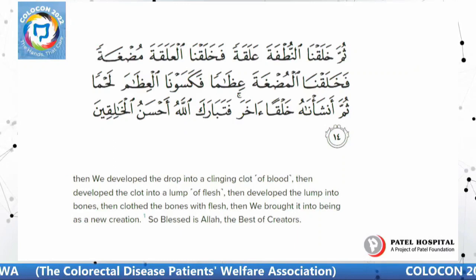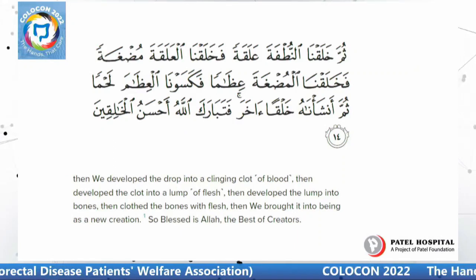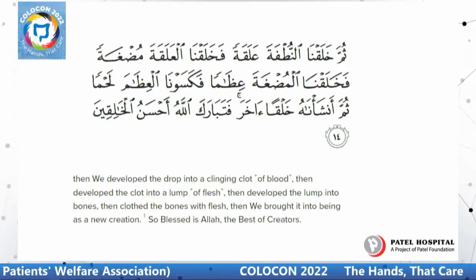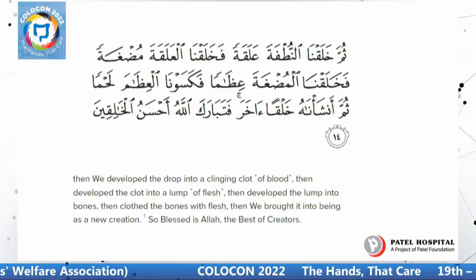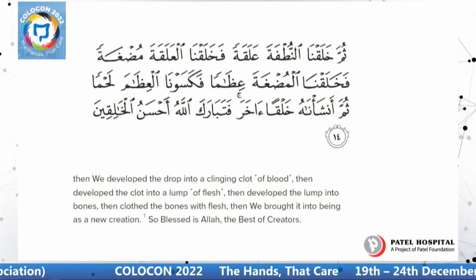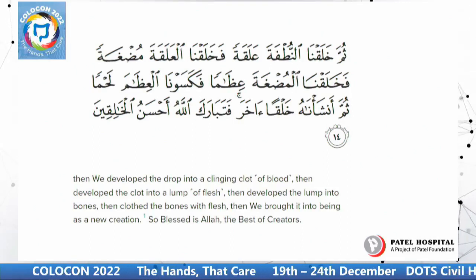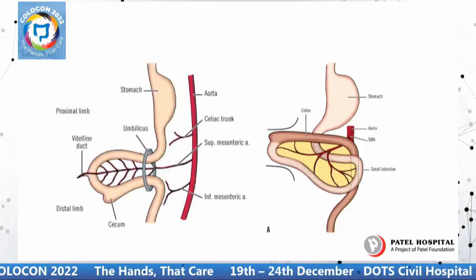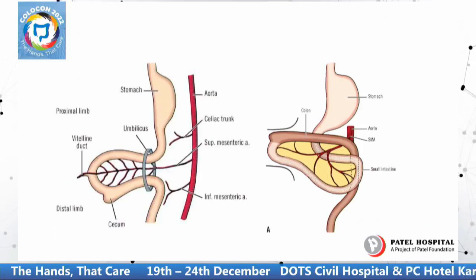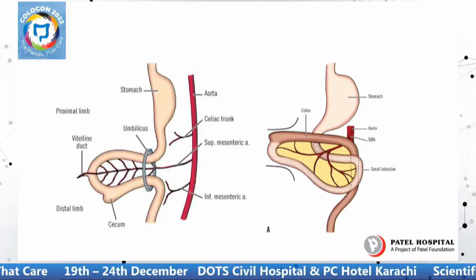We do think of the whole context of this ayah that I recited, that how Allah developed a drop of semen into a congealed clot, and from that into a lump, from that into bone, and then flesh over that bone to make a new creation. And that makes us think about the embryology of how this convoluted current day anatomy of the small and large bowel comes into play.